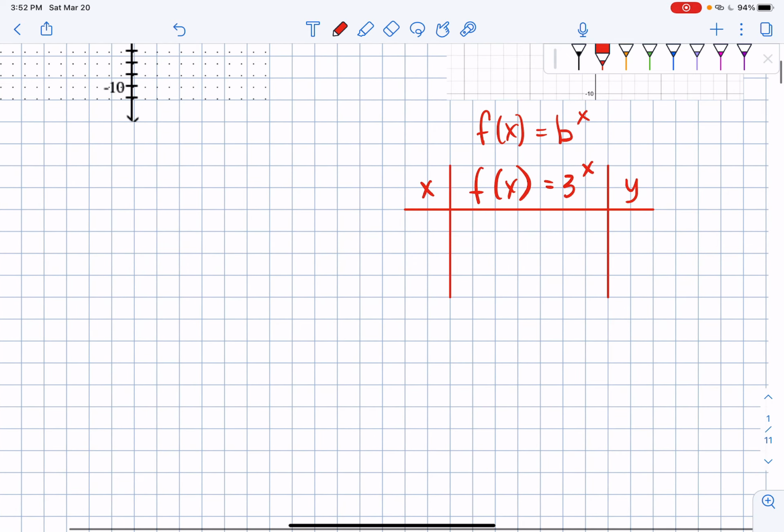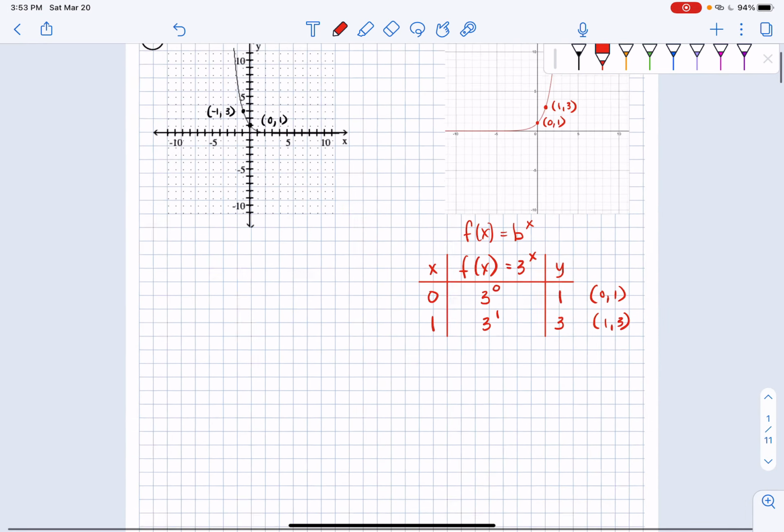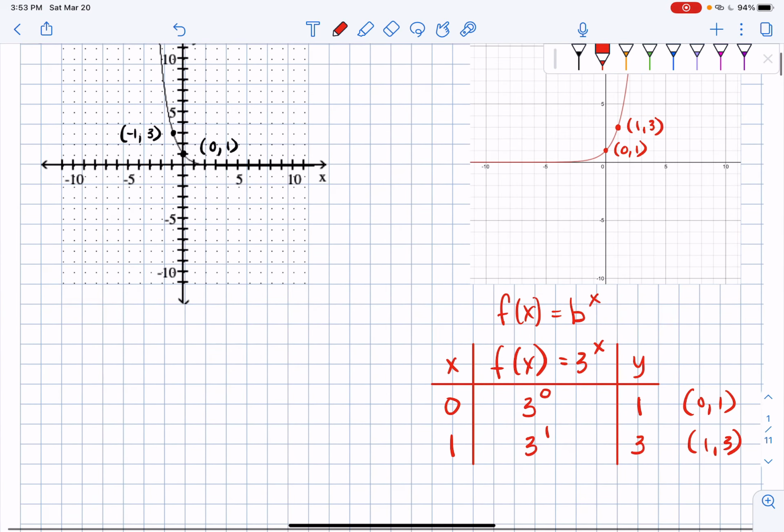If I plug in 0 for x, I'll have 3 to the 0 power, which is 1. If I use 1, 3 to the first power is just 3. So I will have the points (0, 1) and (1, 3). That would be my original graph here, which makes sense. Look at that, (1, 3).